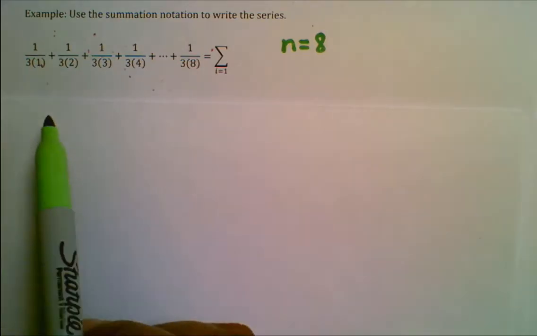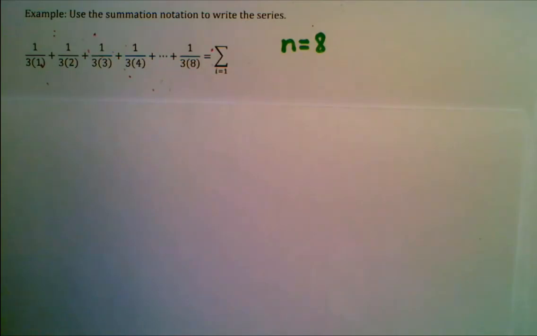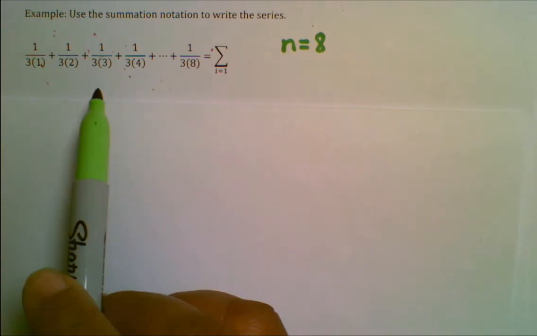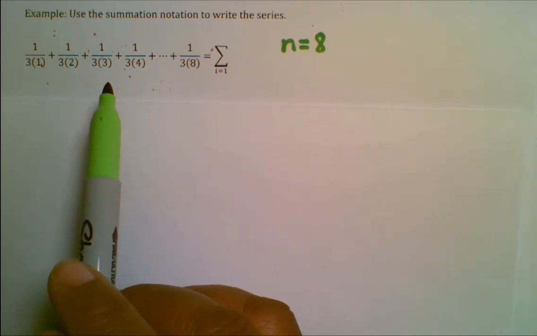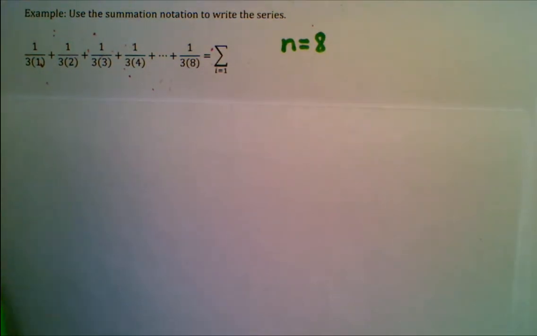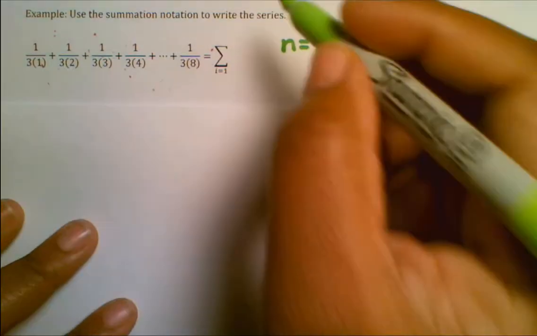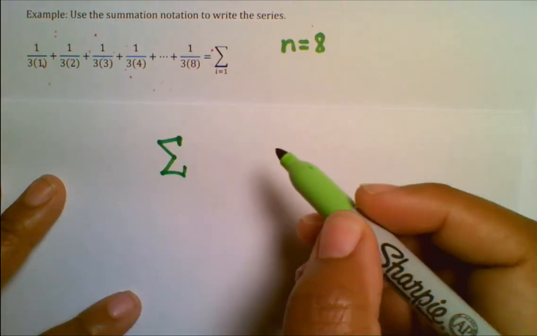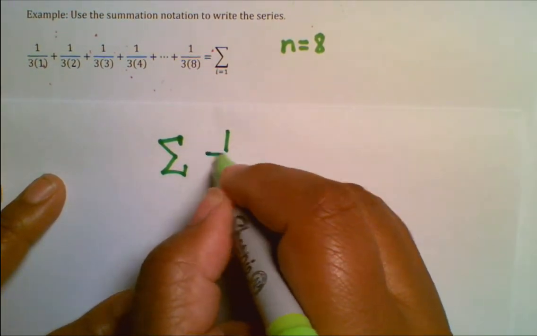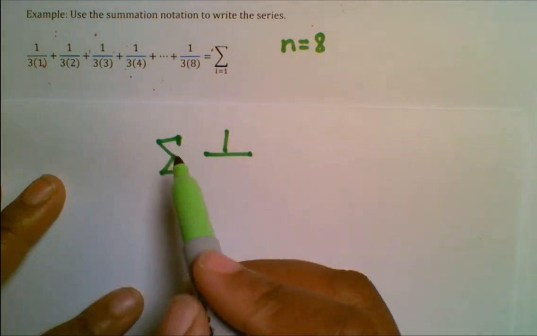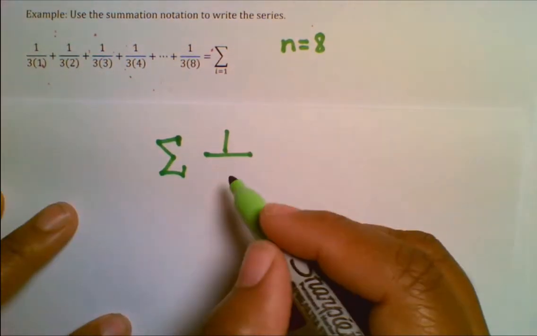But the denominator of every term changes, if you notice that. 3 times 1, 3 times 2, 3 times 3, 3 times 4. So the fact that the denominator changes means that the index I will need to be used in the denominator for a sub I. So here we have the sum of, we know that the numerator will not change, but our denominator has a part that stays the same, which is the 3.